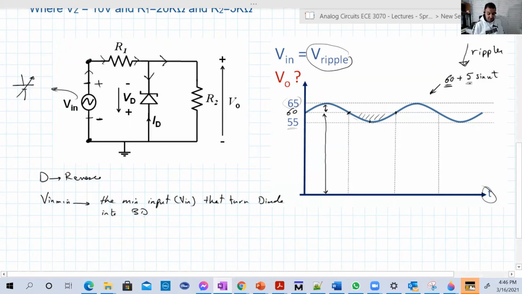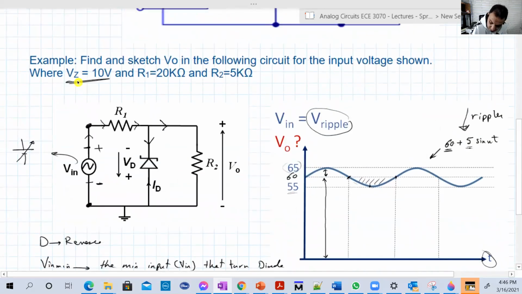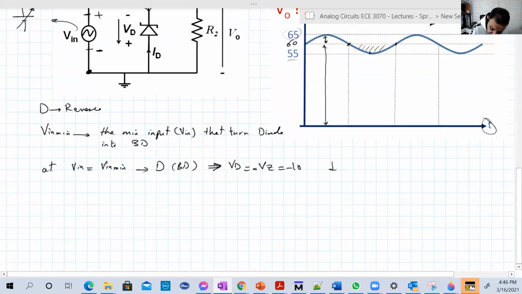Let's calculate it. At the input equal to Vin minimum, the diode is at breakdown. So basically, VD is equal to minus Vz, minus 10, because Vz is 10 here. And ID at that particular moment is 0.